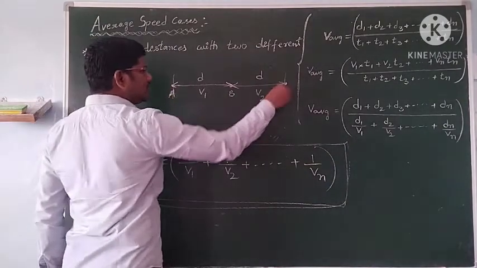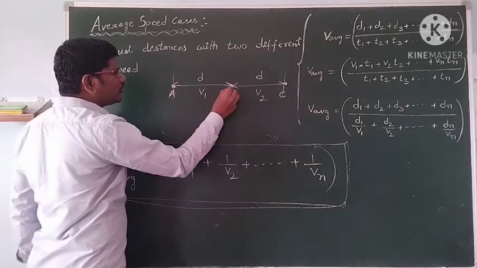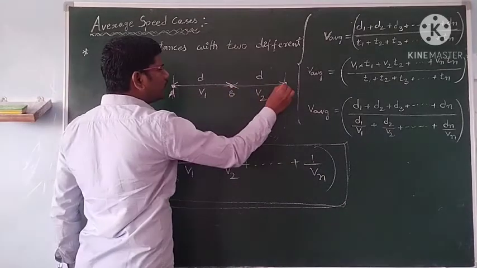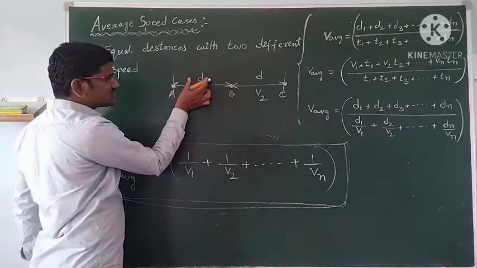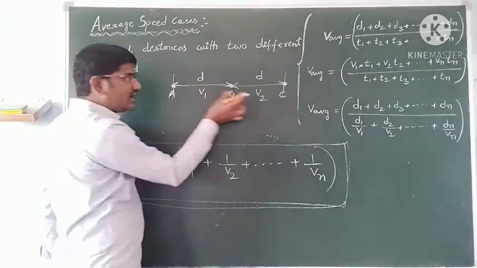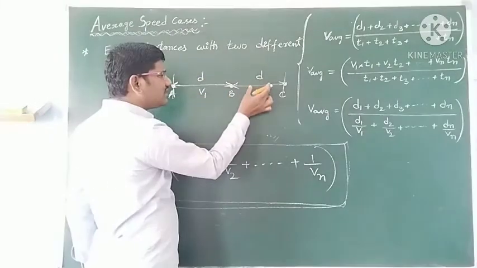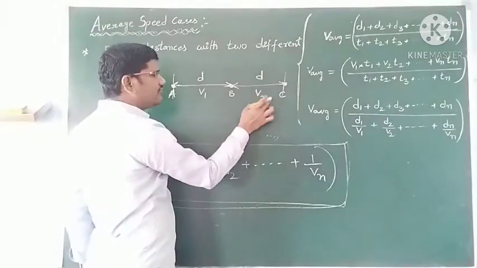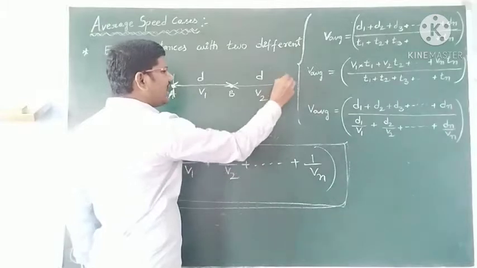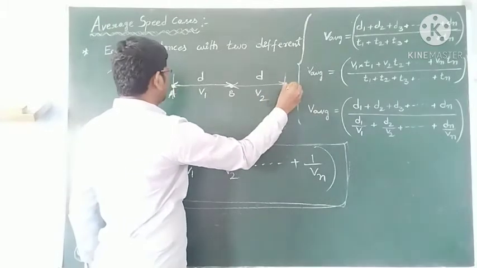So we are going from town A to town B and town B to town C. So the first D distance is at speed V1, the next same distance is at a different speed V2. Then we ask what the average speed is.